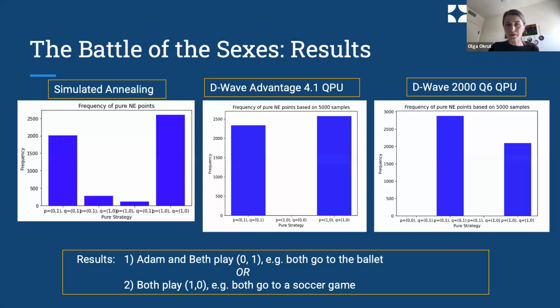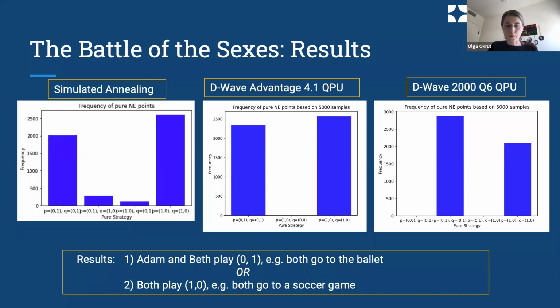So what were our results after the execution? Here you can see the results for the simulated annealing, D-Wave Advantage, and D-Wave 2000Q QPUs. We accessed the D-Wave hardware through AWS Braket services, and I will talk about this more in a bit. You can observe here 2 major peaks.